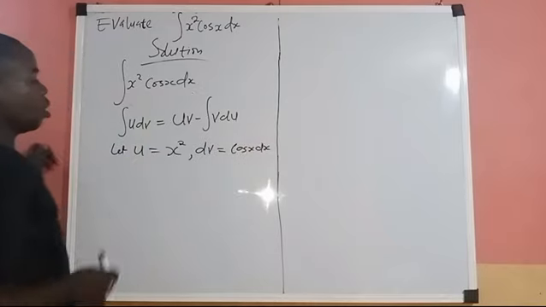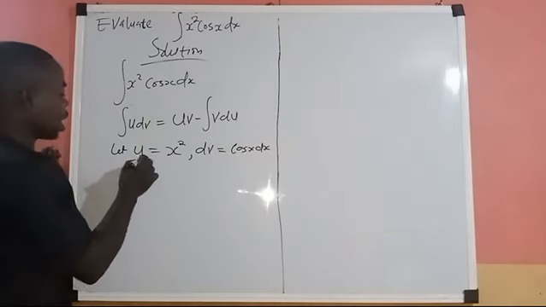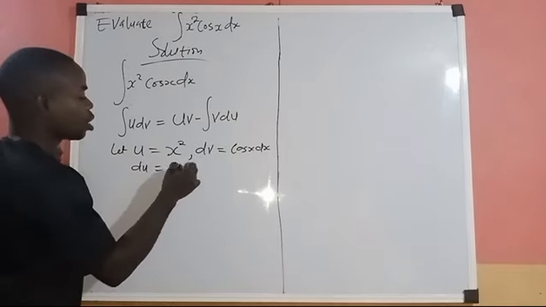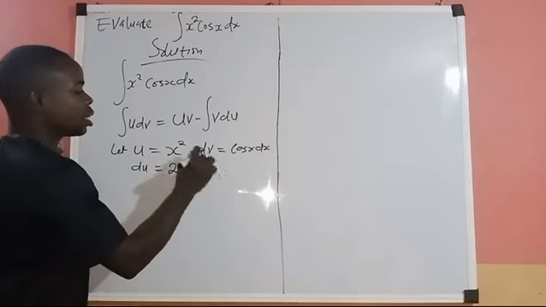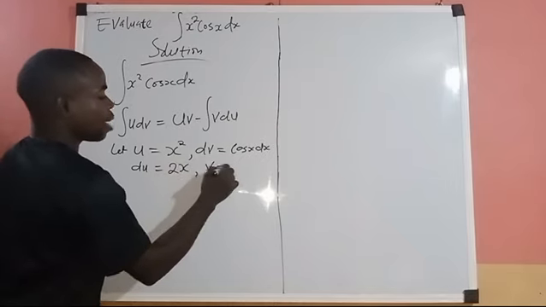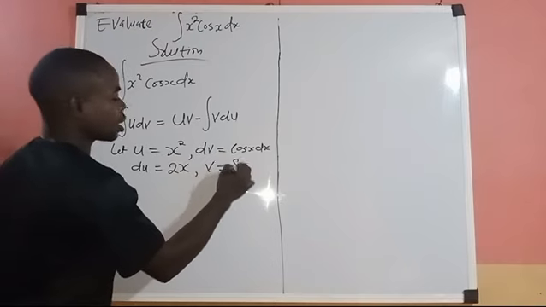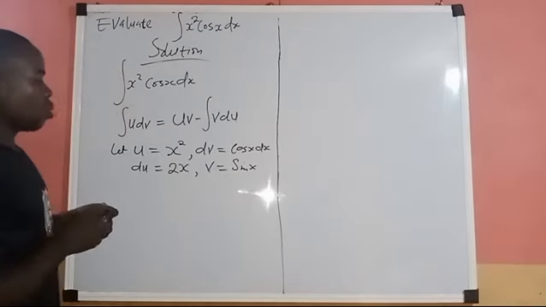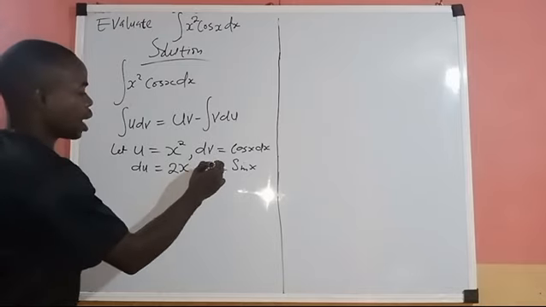Now of course I can have my du: if I differentiate this, what I'm going to have is 2x, and if I integrate dv, my v becomes sine x. Okay, so that is what we are going to have right here.